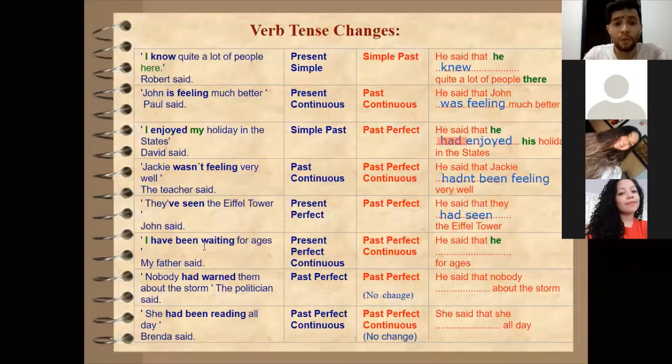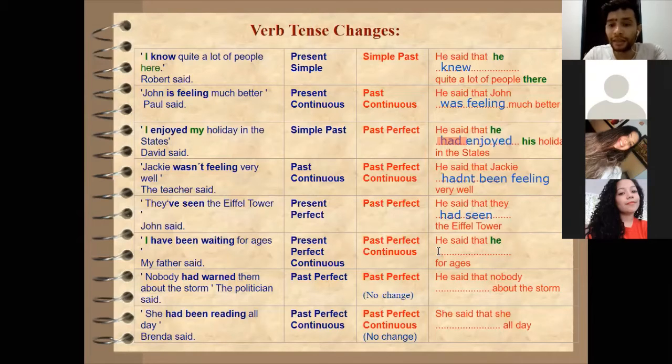I have been waiting for ages, my father said. Now, have been waiting for ages tells me that this is a present perfect continuous sentence, right? And when we use present perfect continuous sentences, we have to use past perfect continuous as well in the reporter speech.